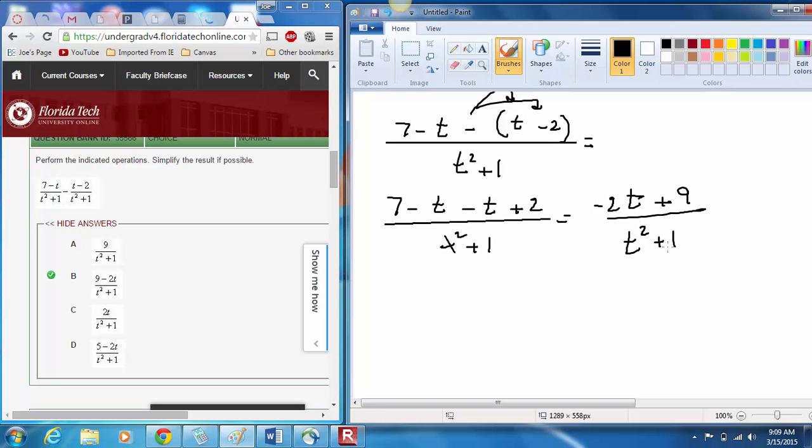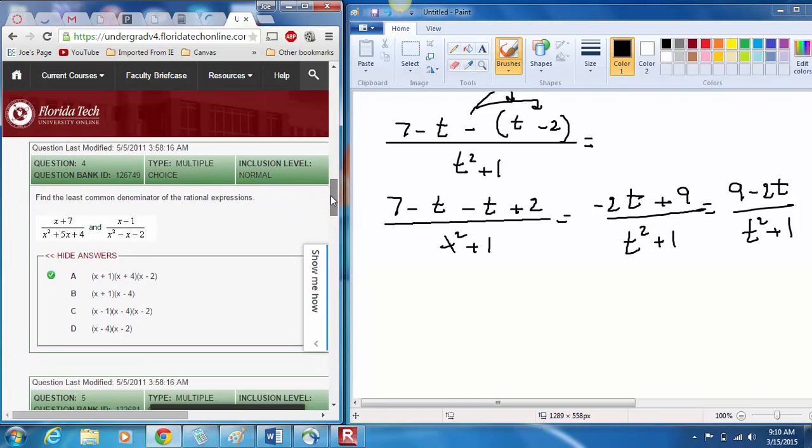Over t squared plus 1. And let's see. So the final answer is 9 minus 2t over t squared plus 1, which is the same as negative 2t plus 9 over t squared plus 1. So this is exactly the same as 9 minus 2t over t squared plus 1. Alright, let's go to the next question.